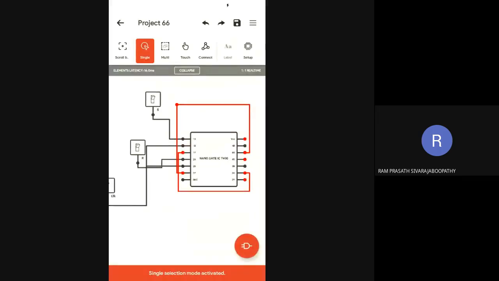Similarly, 1Y, where should I give it? Already given. Fine. Now please listen carefully.